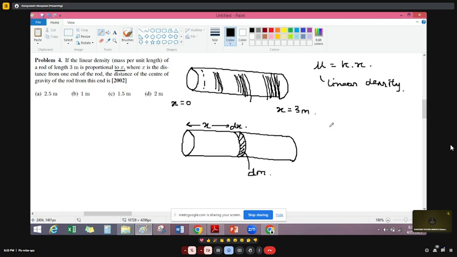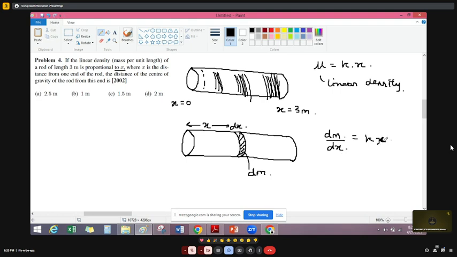So according to this, linear density is mass by length, not volume. So dm by this small length dx is equal to kx.